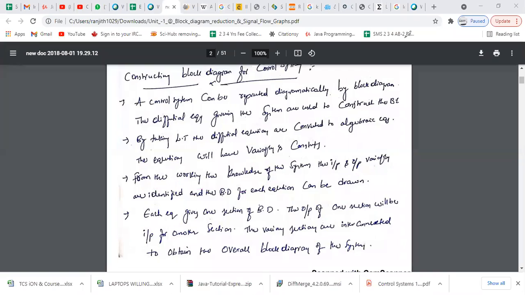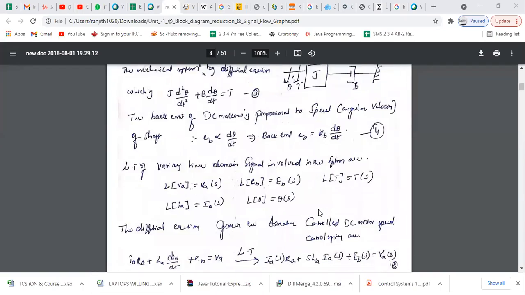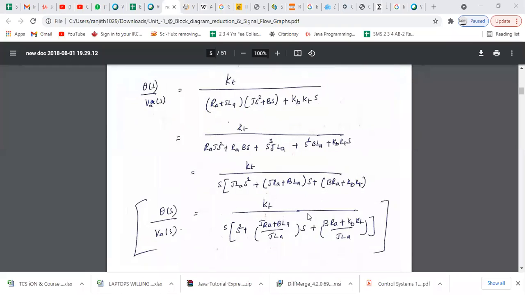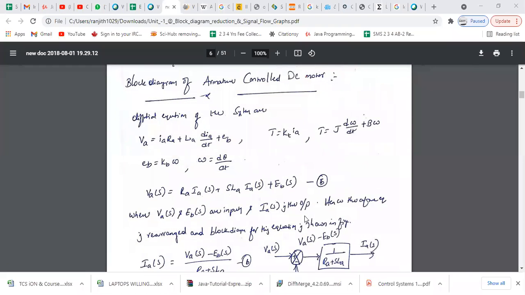So first, our task is we have to identify what are the inputs and what are the outputs, right? Tell me, in this equation, what are the inputs available?